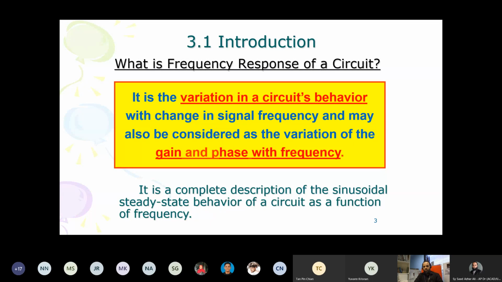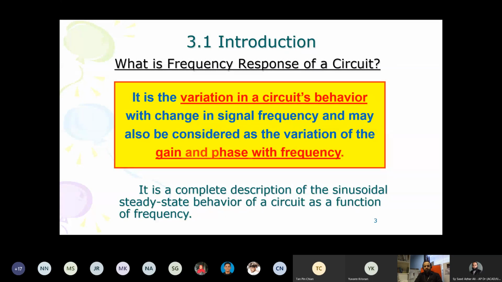I would like to see if someone knows what a step response is. What is it, by definition? Anyone? Can I take some names? Maybe Ong. Ong, do you know what a step response is? Ong Jasheng. Alicia. All right, Luqman. I hope you guys can hear me.